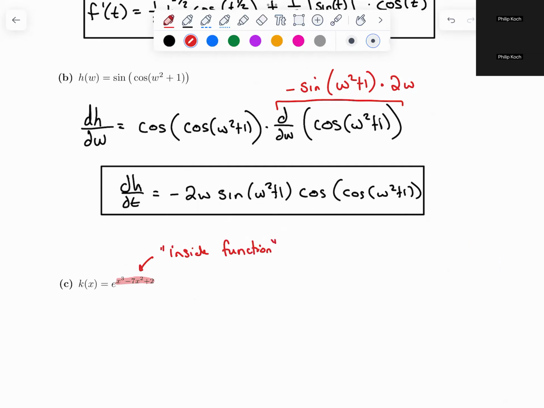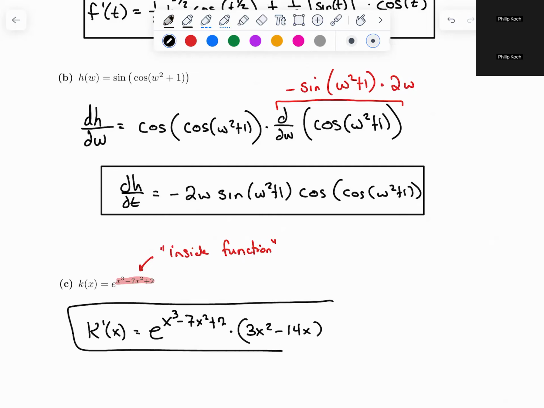So the outside function is e, and the derivative of e to the x is itself. So k prime of x equals e to the x cubed minus 7x squared plus 2 times 3x squared minus 14x plus 0, but I don't need to write the plus 0.